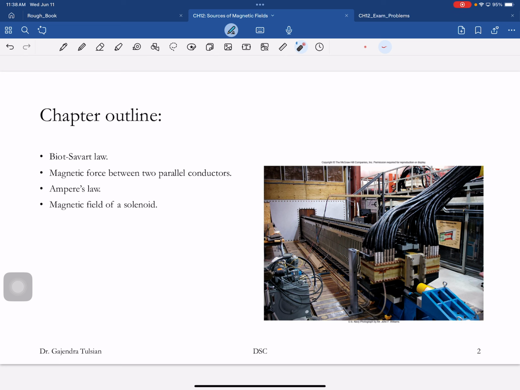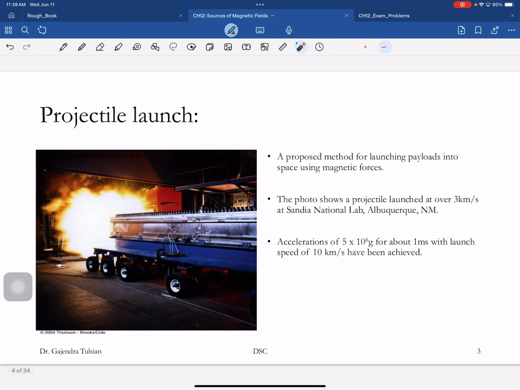Of course, you can't fire astronauts from this, because if you fire an astronaut from this machine, what you'll get is a pellet reaching space. You'd get crushed. So this is called a magnetic gun, for launching payloads into space using magnetic forces.